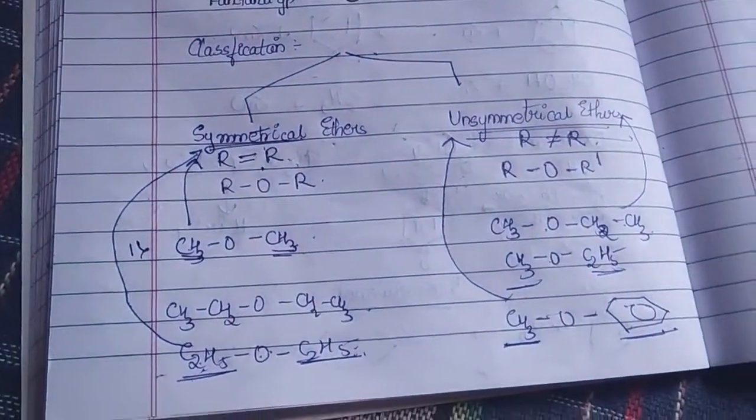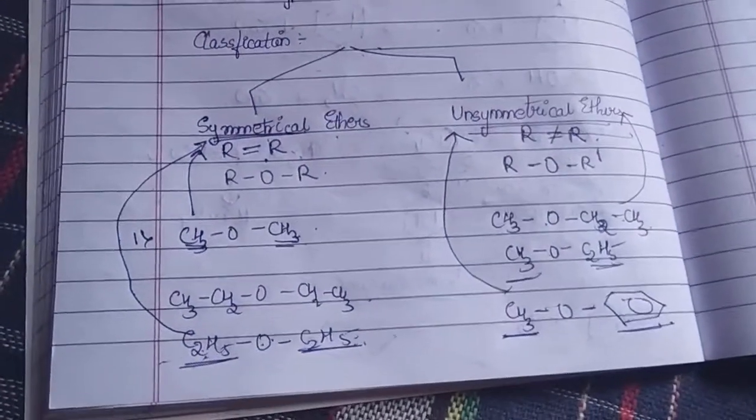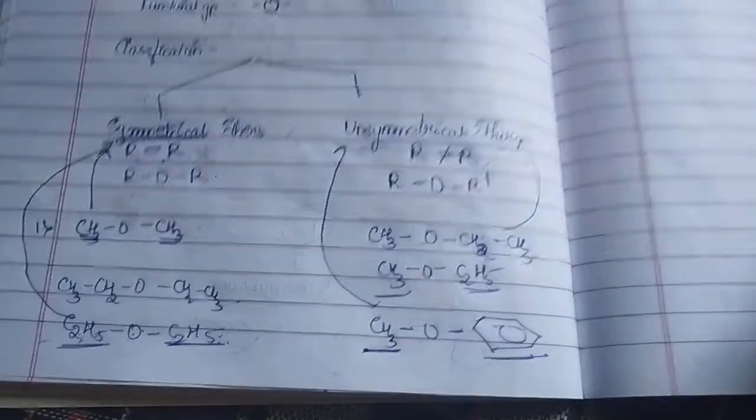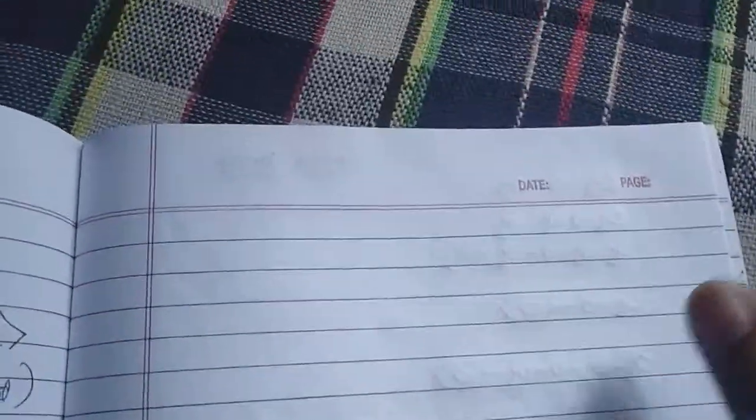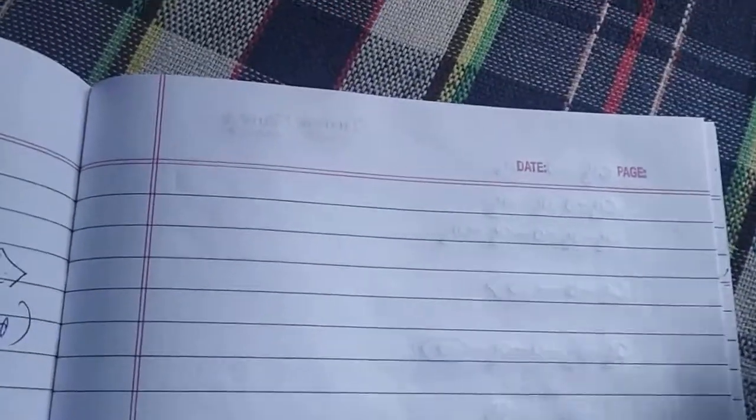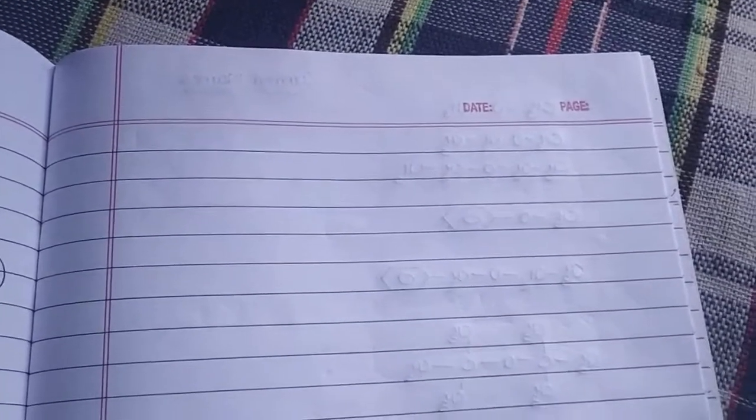Okay. Now next let us talk about its nomenclature. Basically, according to your PU syllabus, if you are well aware of how to write the IUPAC name, it is quite enough. But when you are attending competitive exams, you have to understand four important types of ethers naming. First, as usual, the common name.